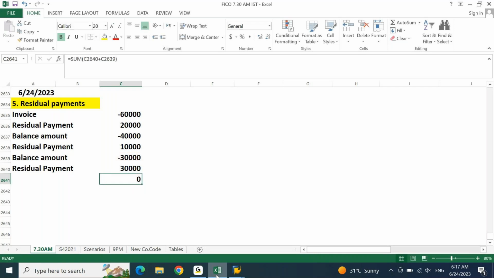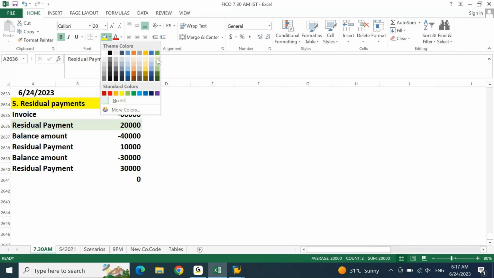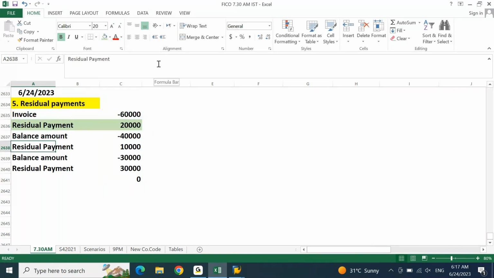In short, if I highlight only the residual payments, this is residual payment number 1, number 2, number 3. 20,000, 10,000, 30,000 is what we are making as residual payment against one single invoice. Let us pass this entry and then check what will happen with the vendor account.